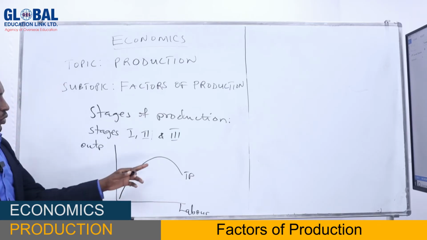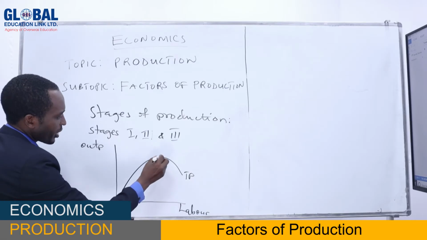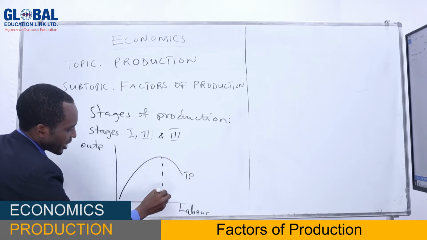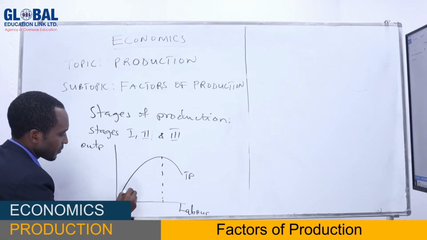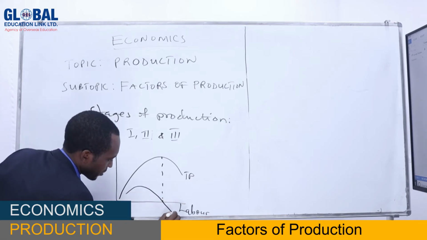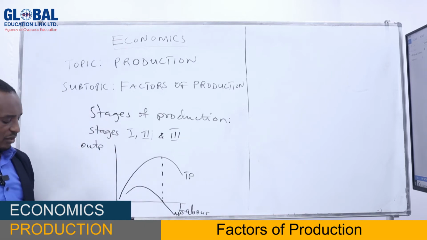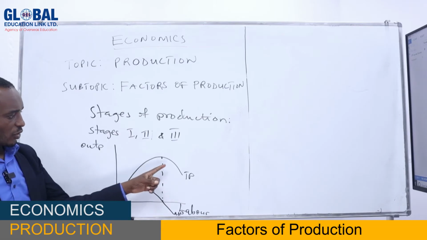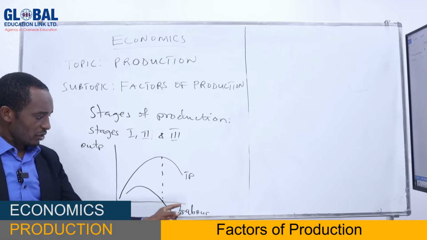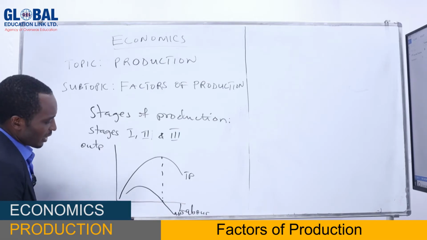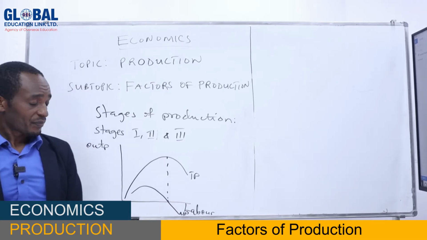When the total product curve reaches maximum, we know that the marginal product is equal to 0. So our marginal product curve will be like this one. When the total product is maximum, the marginal product curve will intersect the horizontal axis, so at this point the marginal product will be equal to 0.